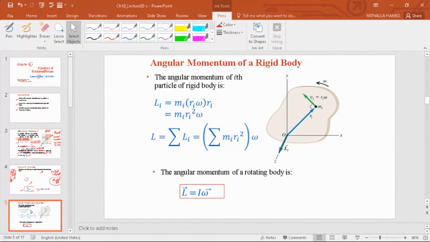Now, let's extend this to a rigid body. And we said in rotation, when you take a rigid body, that means the body is not going to be stretched or deformed under rotation. And let's take a point mass m on this body. And we look at our origin here. And the body is in the xy plane.